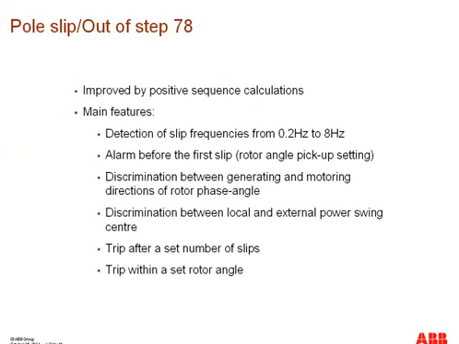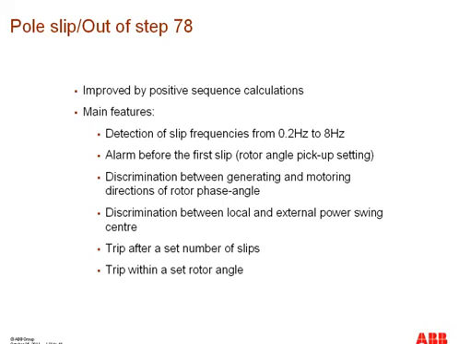What should be the main features of this pole slip or out-of-step protection? It should detect the slip frequencies from 0.2 Hertz to 8 Hertz, and it should alarm before the first slip, and it should discriminate between the generating as well as the motoring direction of the rotor phase angle.